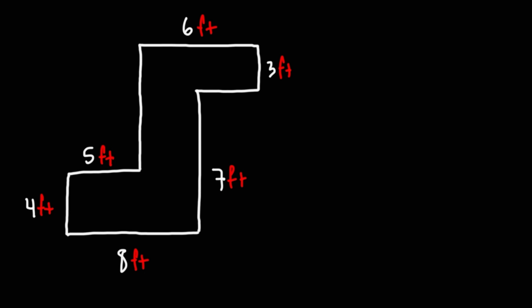Now let's move on to our third example. Go ahead and take a minute and find the area of this composite figure. Before breaking it up into rectangles, what I like to do is find the missing side lengths. So let's focus on this part here.